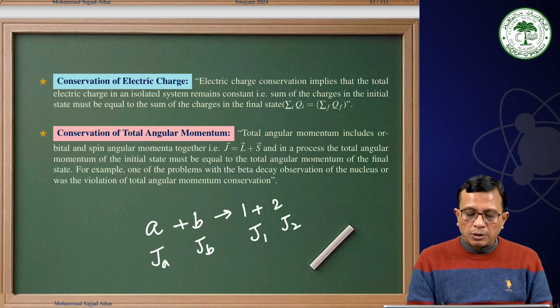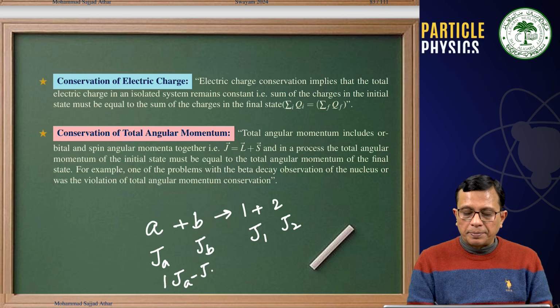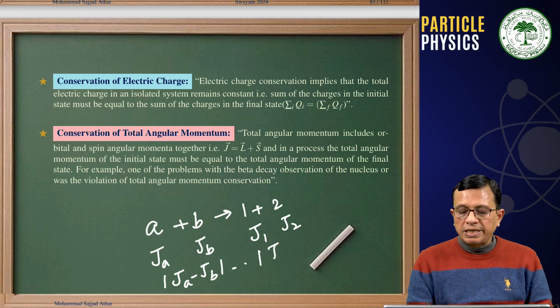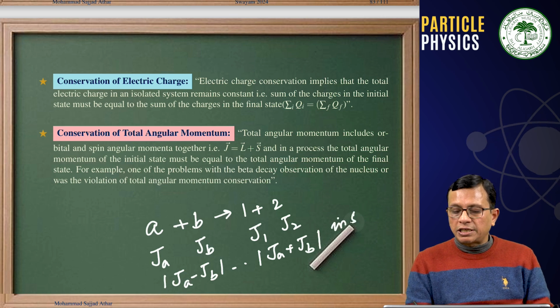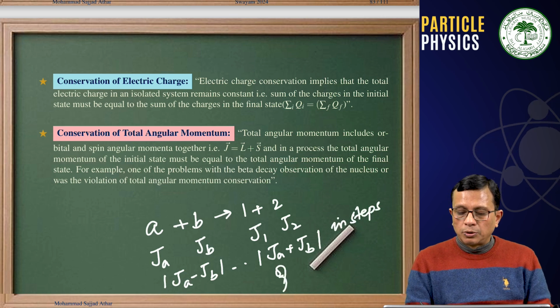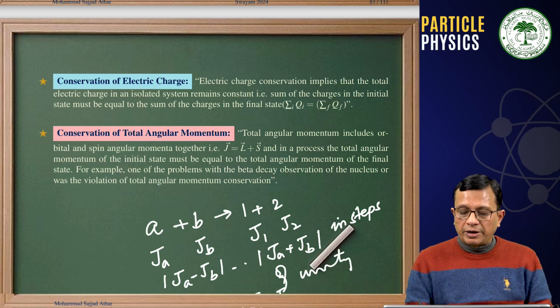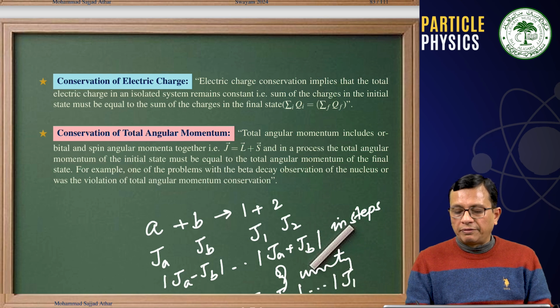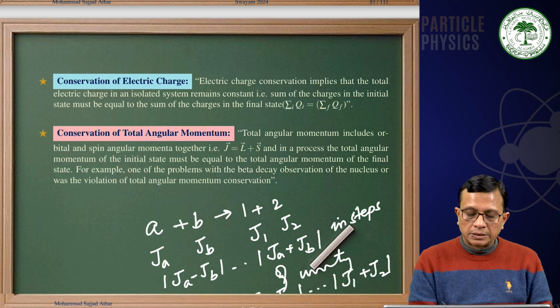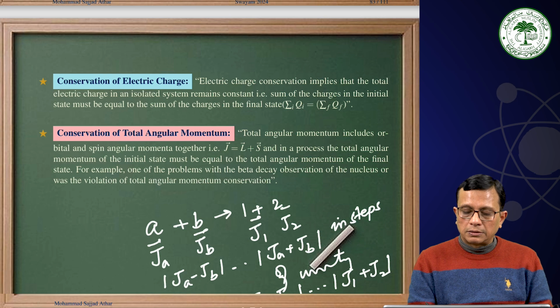Then its value will go from JA minus JB to JA plus JB in steps of unity. Similarly, on the right hand side, the values will go from J1 minus J2 to J1 plus J2 in steps of unity.